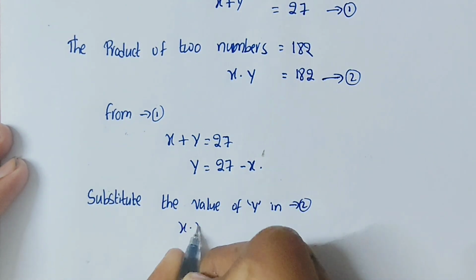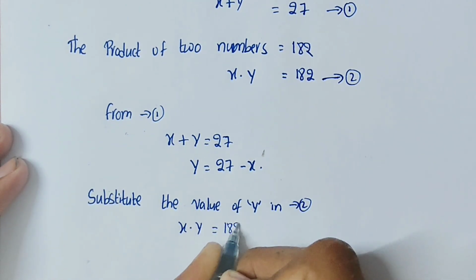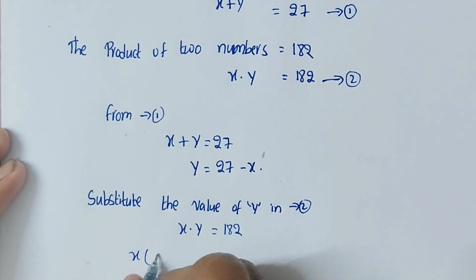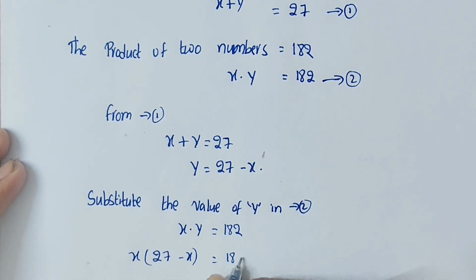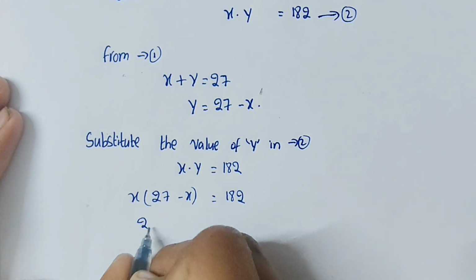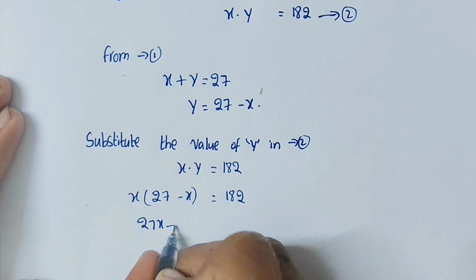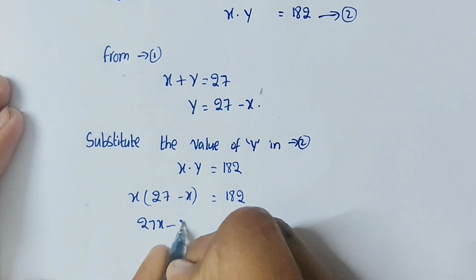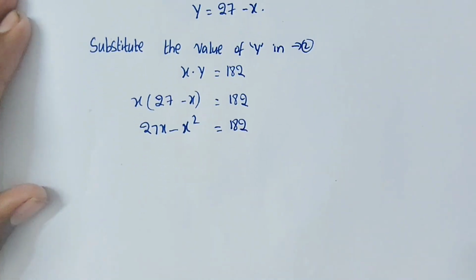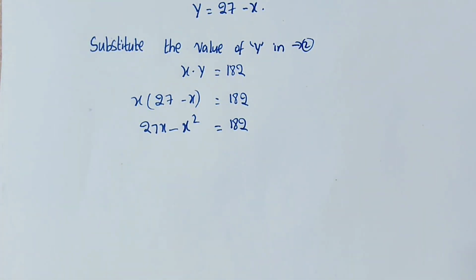What is equation 2? x into y equals 182. So here x into y is x into 27 minus x, equals 182. So 27 into x is 27x, plus into minus, x into x is x square, equals 182. I am going to transpose the 182 to the left side.